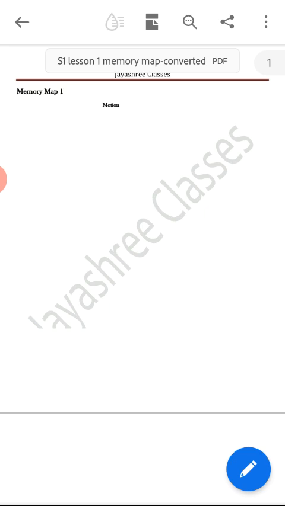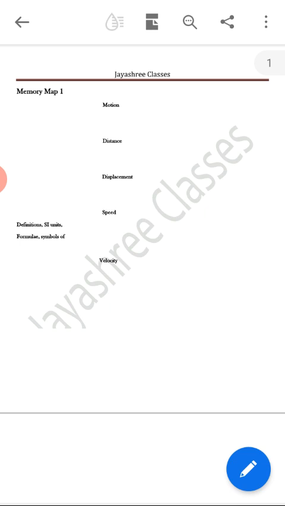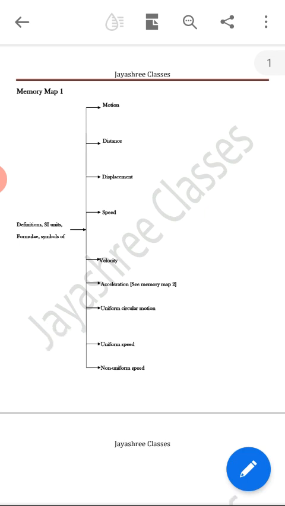Look here, this is the memory map of lesson 1. What is this memory map? Actually, a memory map is a drawing, or a flow chart of all the concepts included in the lesson, so that it will be easier for you during the exam to just review the lesson by looking at these memory maps.